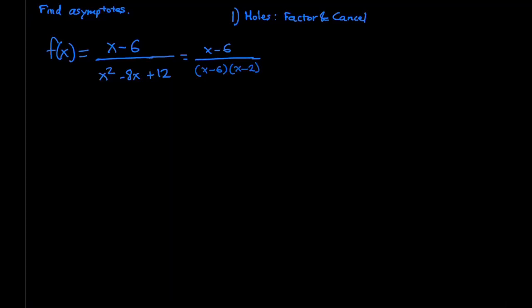So here, we have to factor out this denominator. So we have x squared minus 8x plus 12. Now you can do a guess and check, which is okay if you're fine using that. There's also the rule of signs.